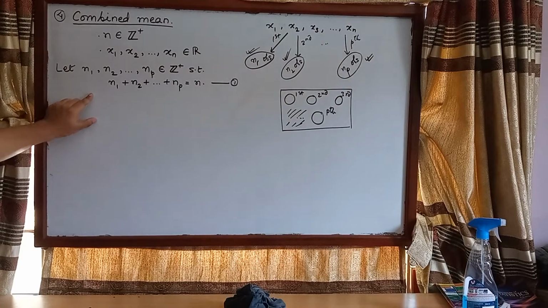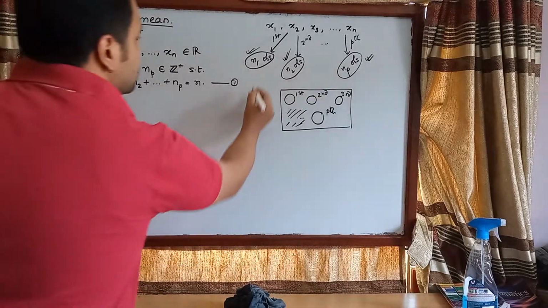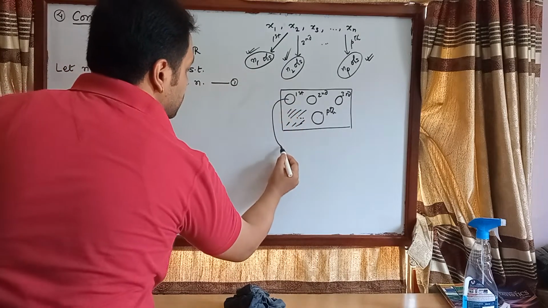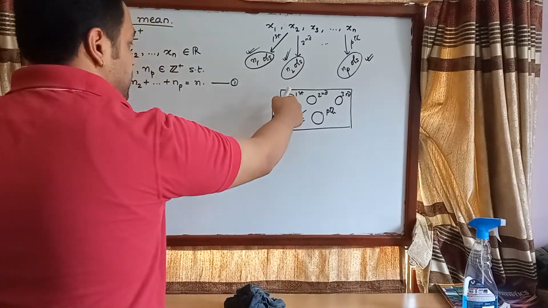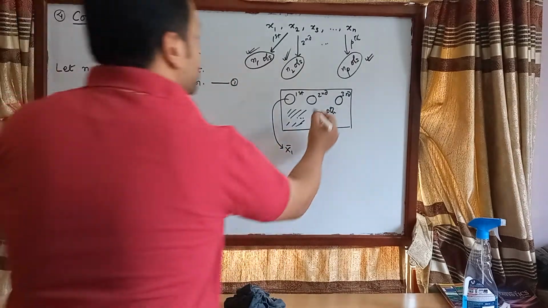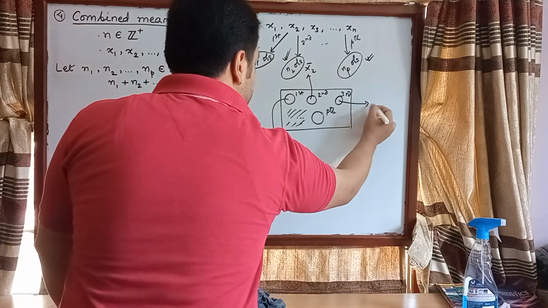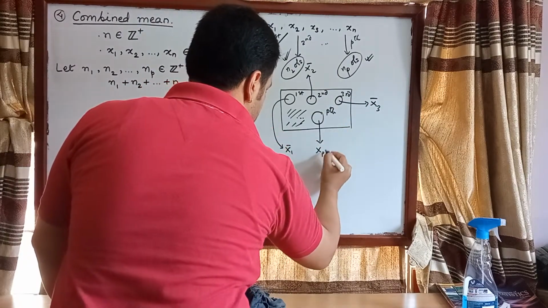Let's say the mean of the values in this group is x1 bar. In this one it is x2 bar, here it is x3 bar, and similarly in this group it is xp bar.